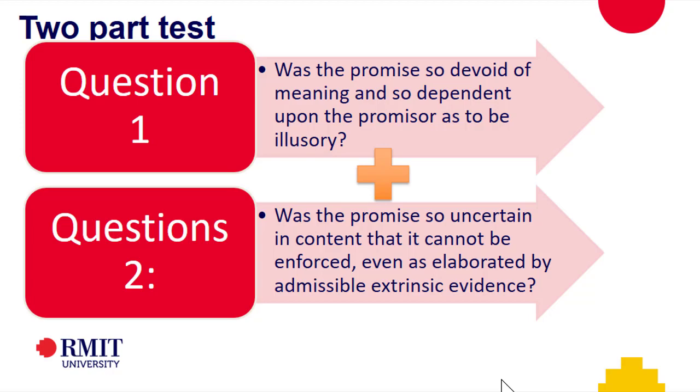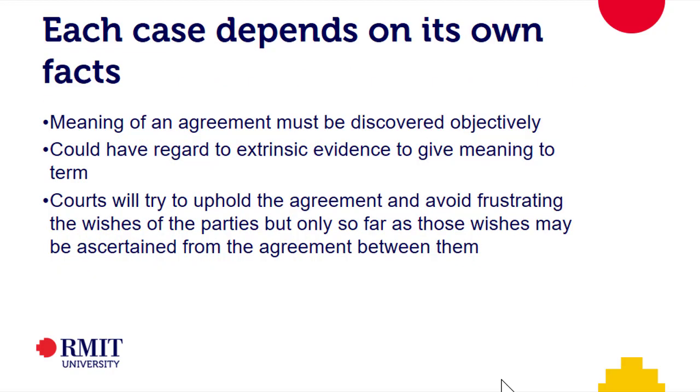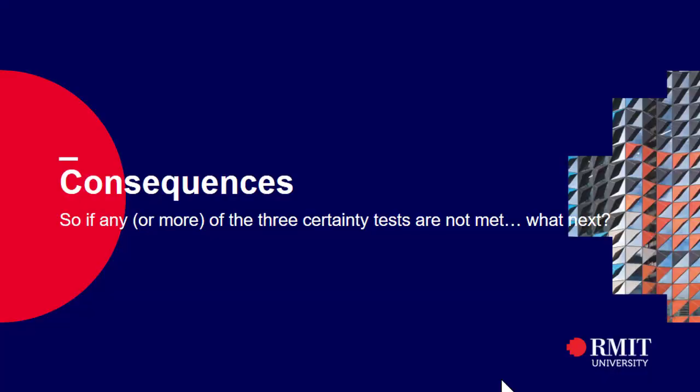All right. They are the key points that I want to make about this until we think about what the consequences are. So the reason we've explored this here is in working out, do we have a contract? Asking ourselves these contract existence questions.